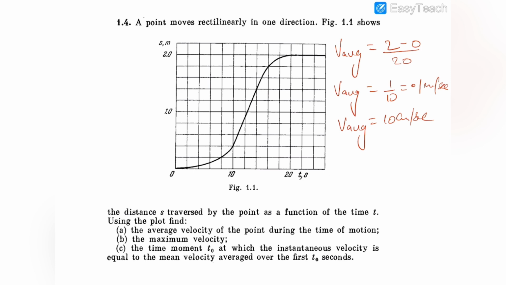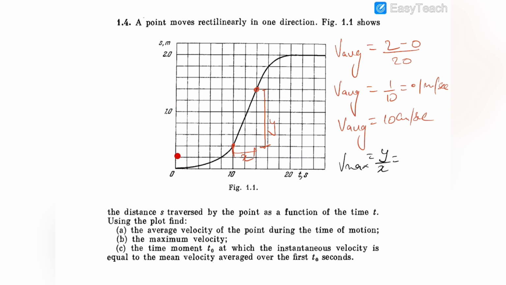So we can say that between these 2 points velocity is maximum, and the maximum velocity will be y upon x. This is x. So V max would be equal to y upon x, and y would be equal to 1, 2, 3, 4, 5 blocks.